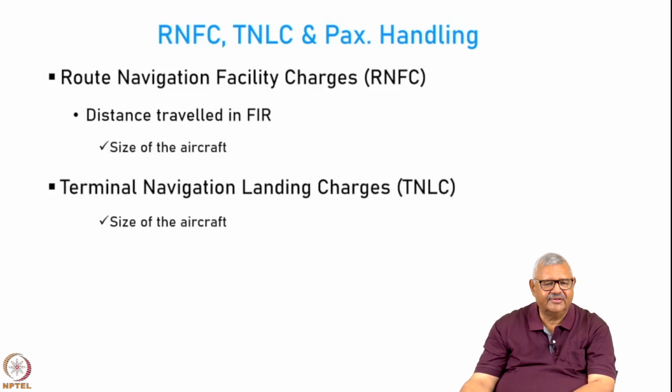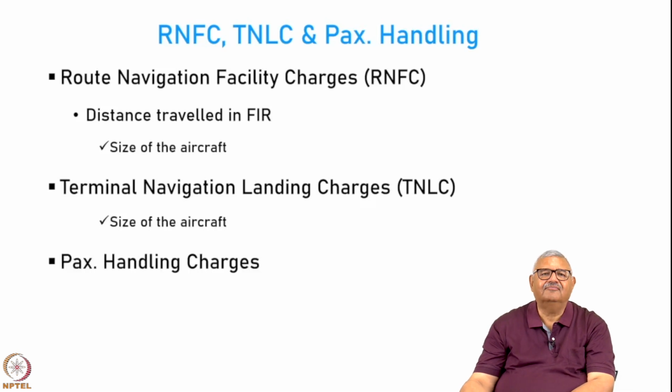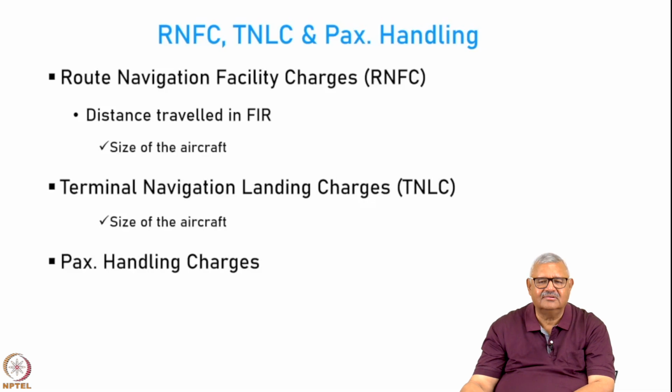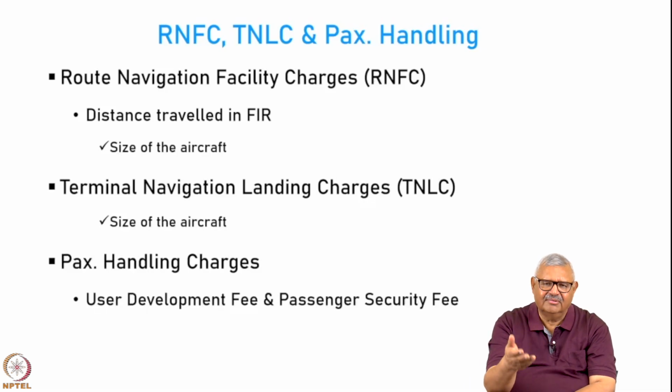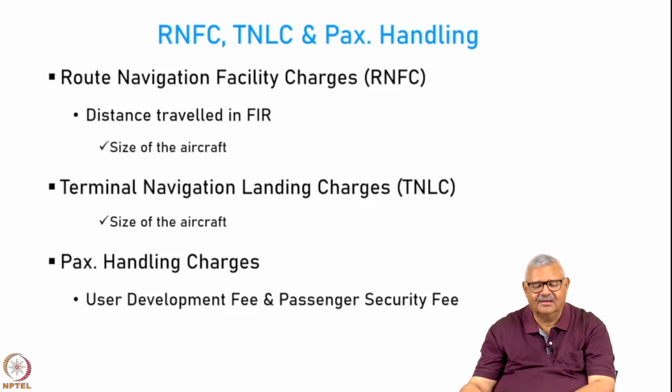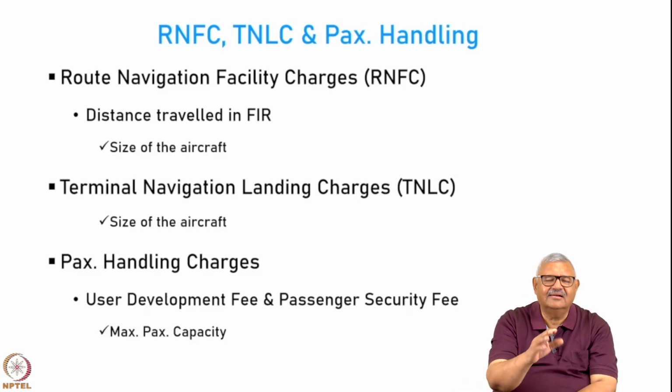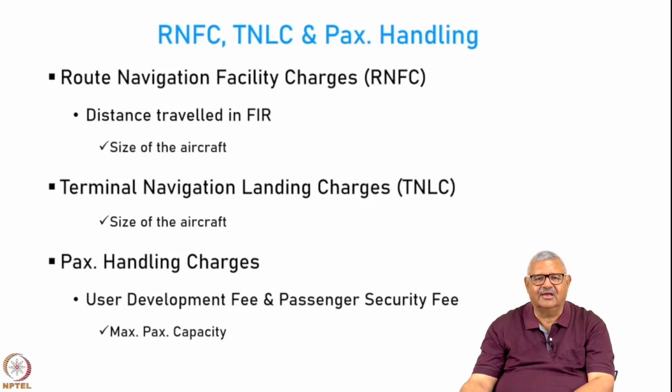They are also a function of the aircraft weight, and then for every passenger who transits through the airport, there could be a passenger handling charge, which is normally called the user development fee and security fee. Right now we are not assuming this number in India for our calculation. Generally it is a function of the maximum capacity of the aircraft.